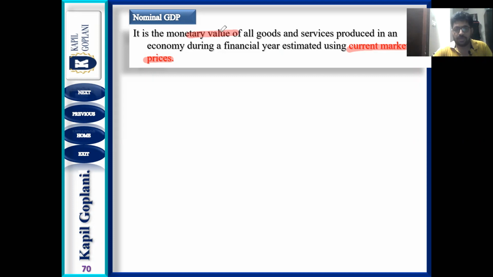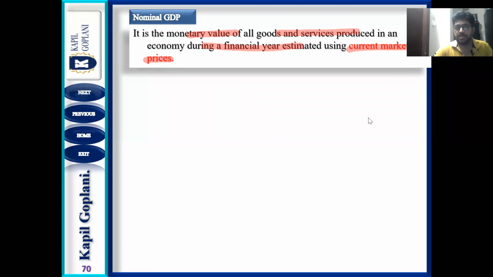Simply, you can see the definition also: monetary value of all goods and services produced in an economy during a financial year. Did you understand, learners, that if you are calculating the GDP on the basis of current market price, then that GDP is known as your nominal GDP.